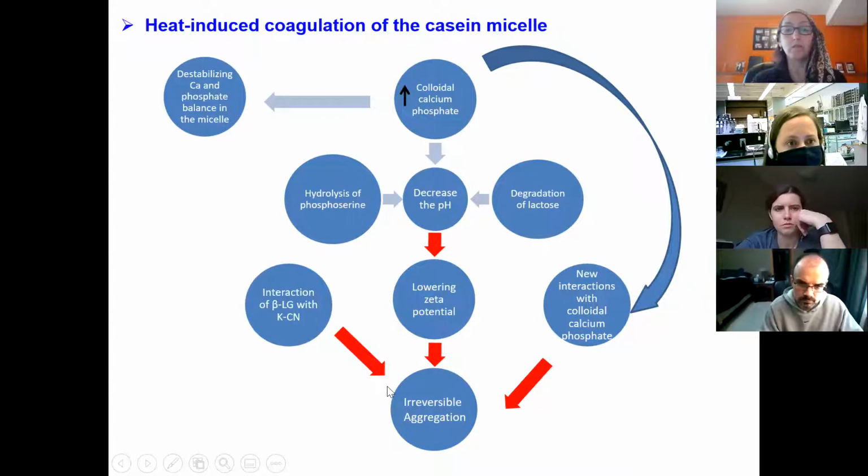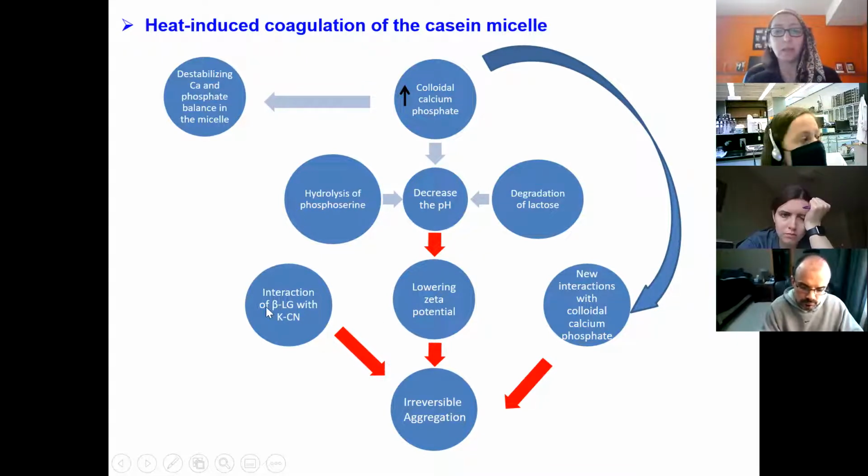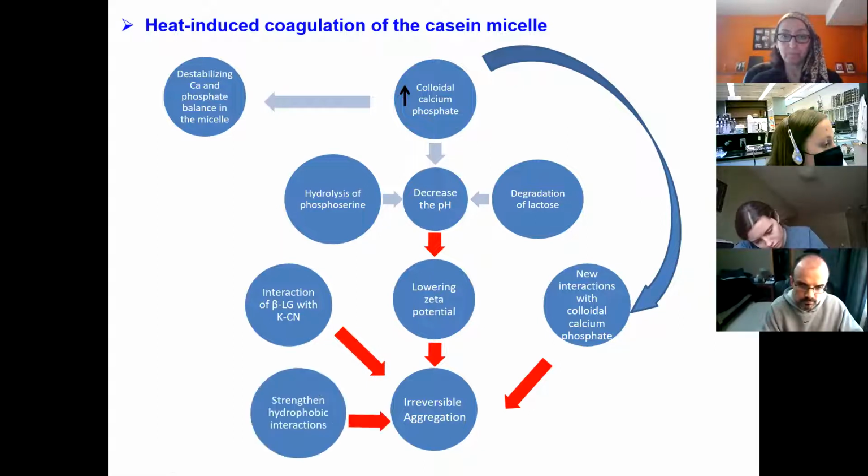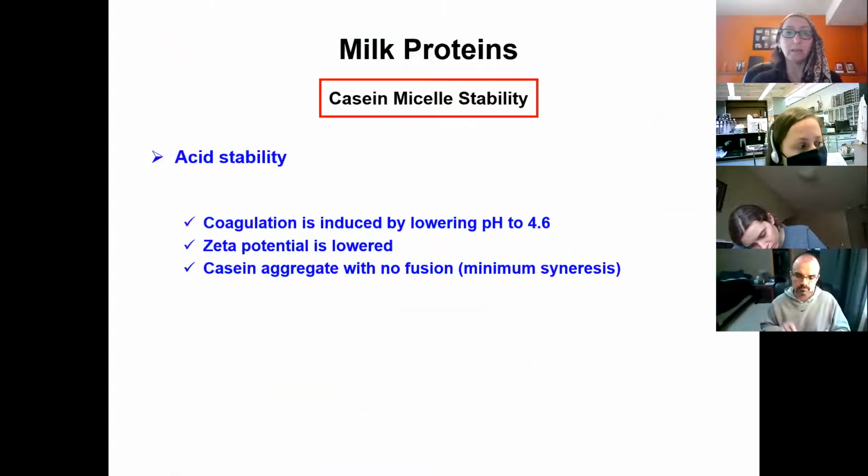This causes irreversible aggregation, and the denatured beta-lactoglobulin adds more to that aggregation by interacting with the kappa casein via disulfide linkages. Hence, the whole aggregation is irreversible. You have strong hydrophobic interaction. So that's what happens with heating.